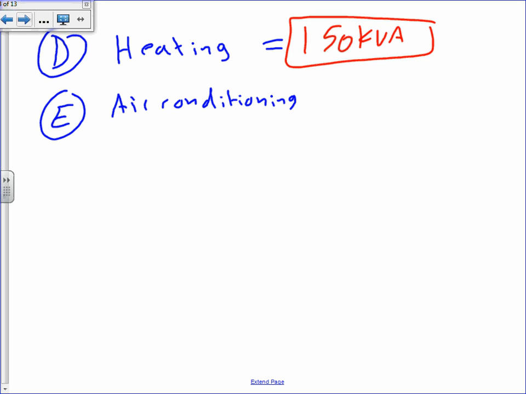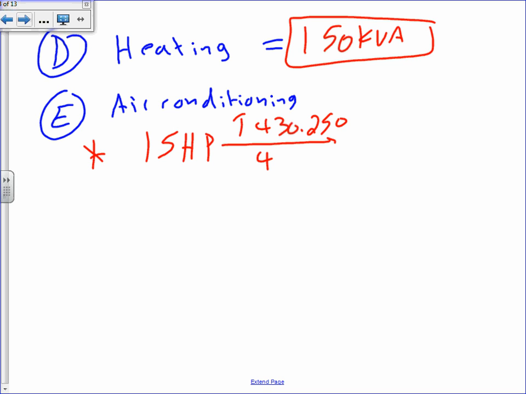Now the air conditioning. My air conditioning is the issue. I take 15 horsepower, and you're going to take it to Table 430.250 under 480 volt, 3 phase, and that will get you 21 amps.